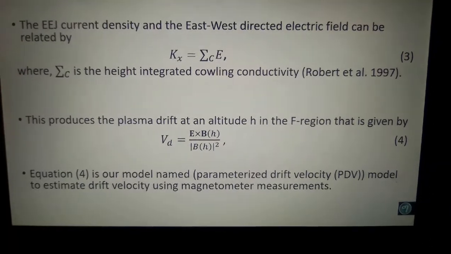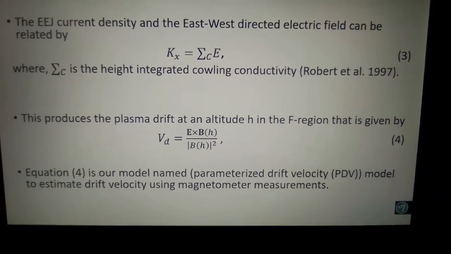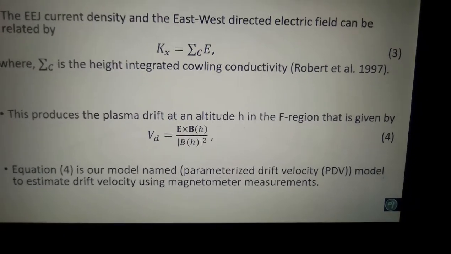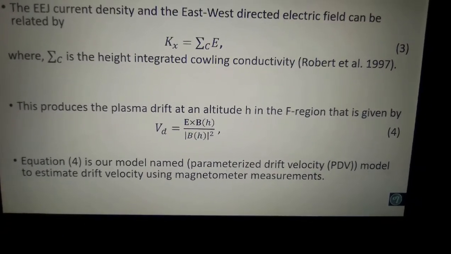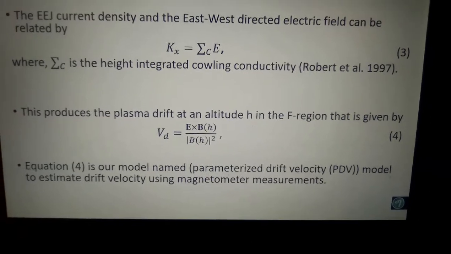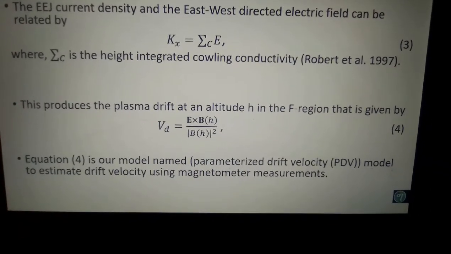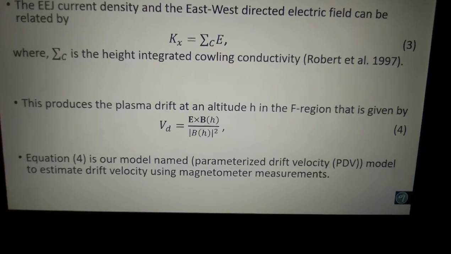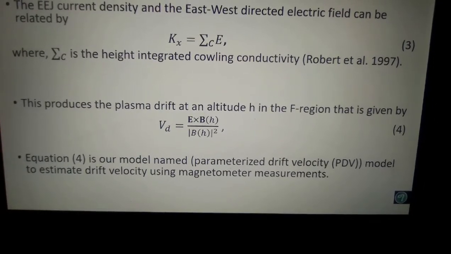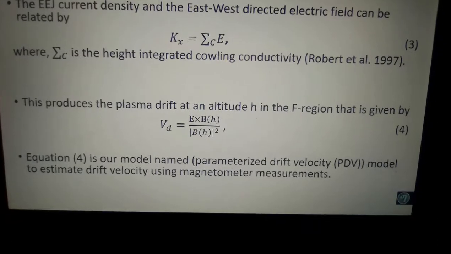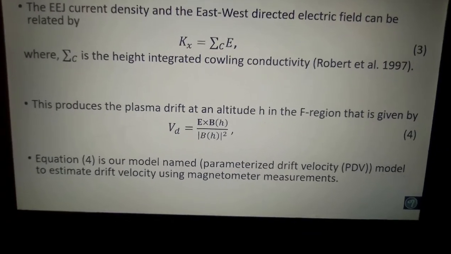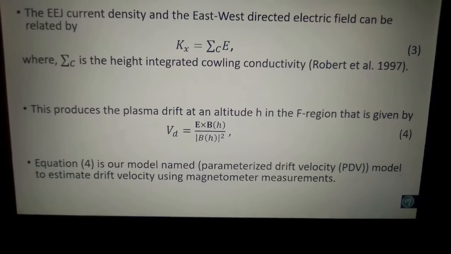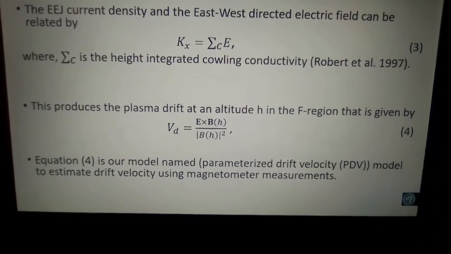The EEJ current density and the east-west direct electric field can be related by equation 3, and this helps us find the electric field from the current density Kx. The electric field can therefore be obtained by using the Cowling conductivity, the height-integrated Cowling conductivity, and the current density Kx.